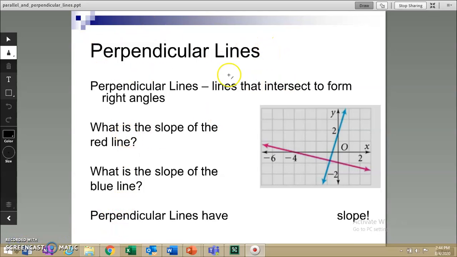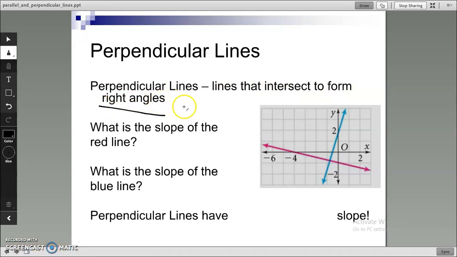All right, perpendicular lines. Perpendicular lines are lines that intersect to form a right angle. That is super important. We know right angles are 90-degree angles, and we're going to use that knowledge for the rest of this lesson. So let's find the slope of the red line. Again, I'm just going to choose two clear points.